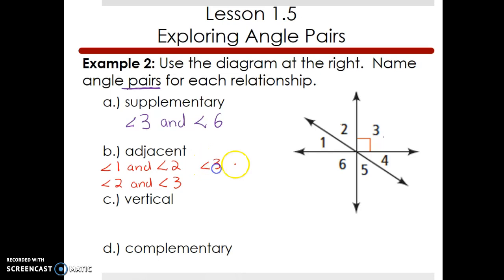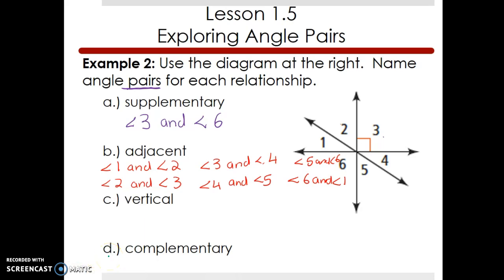Angle 3 and angle 4 are next to each other. Angle 4 is next to angle 5. Angle 5 is next to angle 6. And the last one is angle 6 is next to angle 1. So all these are adjacent angles. They are next to each other.